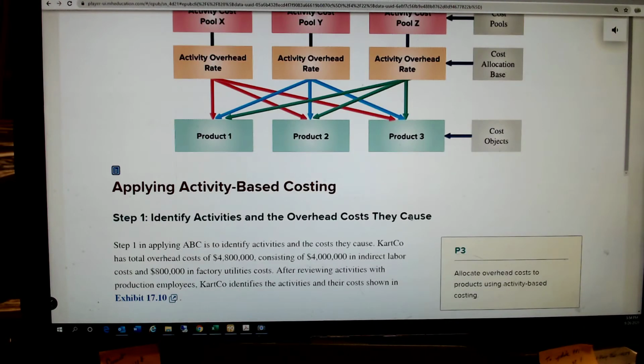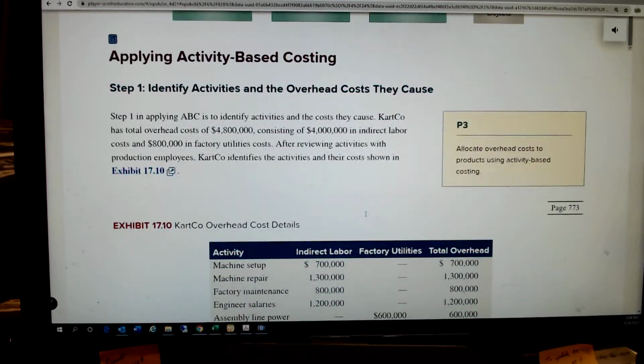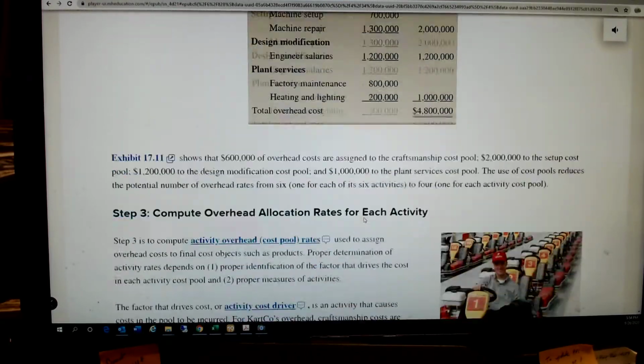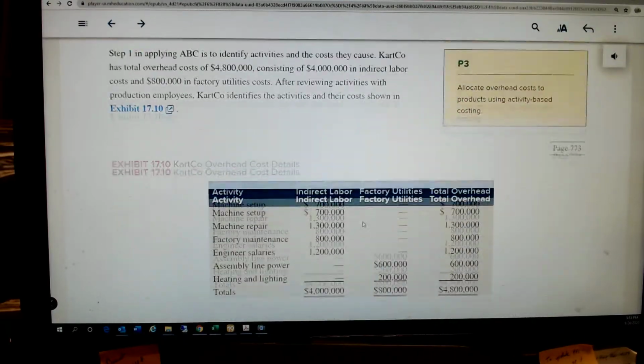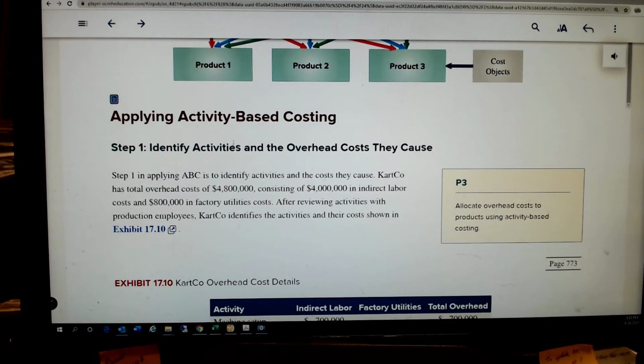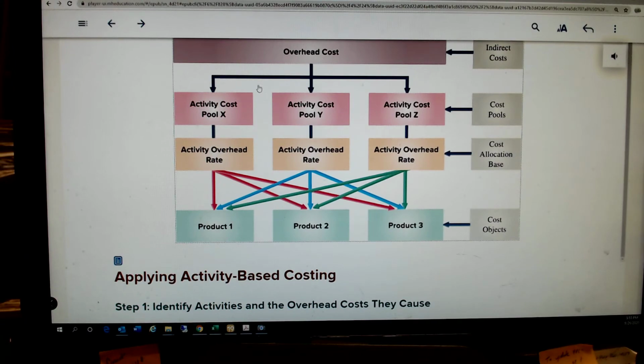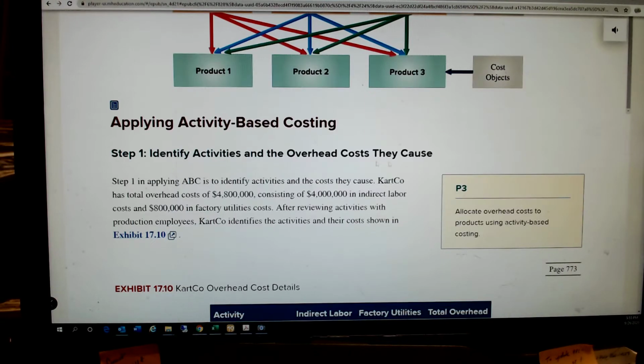So the concept and the computations for activity-based costing are exactly the same as departmental-based costing. You could just interchange the terms. You change department to activity, and it's exactly the same thing. The way you do it is you identify the activities or the departments, and then break down the overhead into those activities or departments.